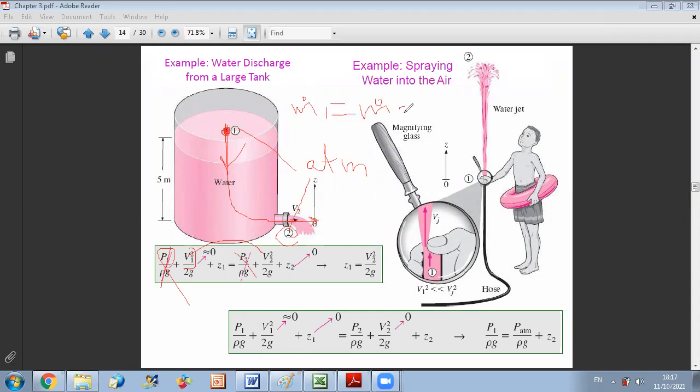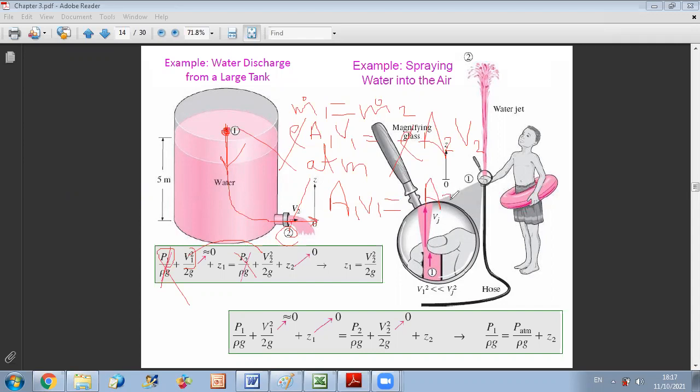So I have rho times A1 V1 is equal to rho times A2 V2. And since it's an incompressible fluid, rho will cancel out. So I can say that A1 V1 is equal to A2 V2.